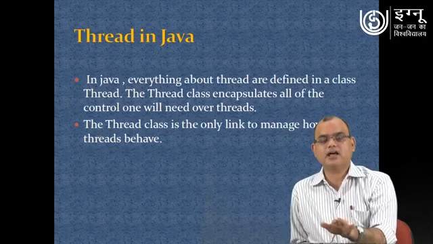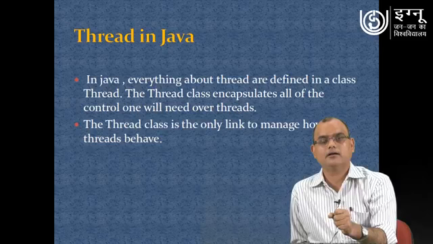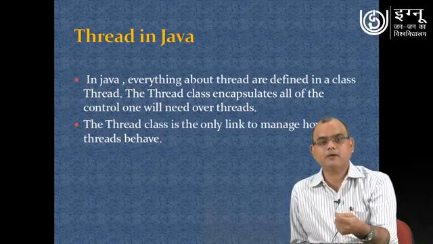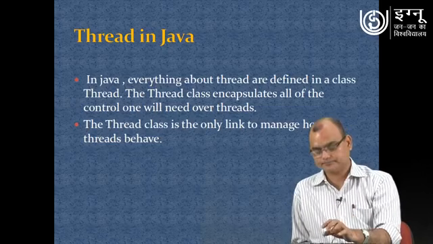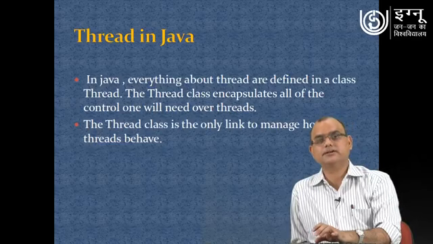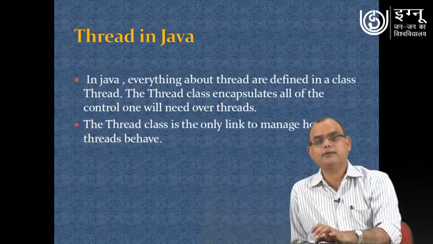It is a very important class provided by the Java environment, as part of the Java API. We will see how, by using the Thread class, we can create our own thread and how different methods of the Thread class can be used to perform different activities.